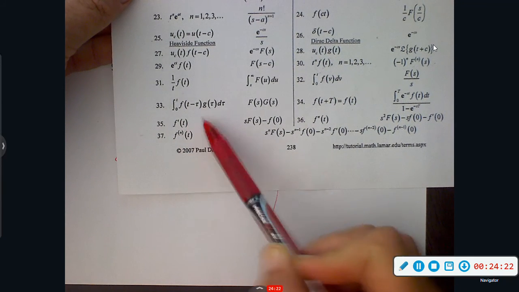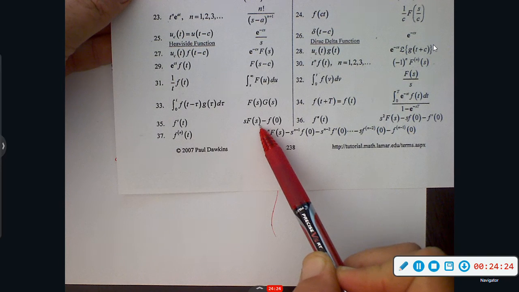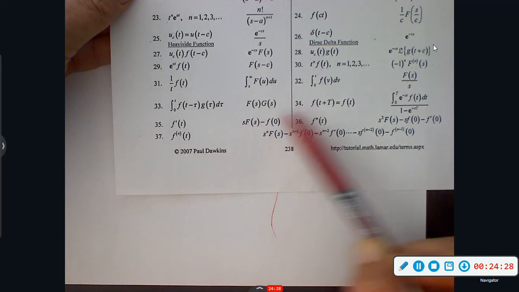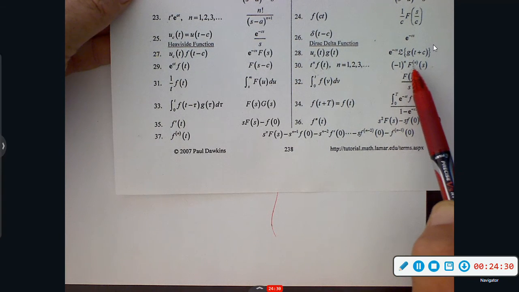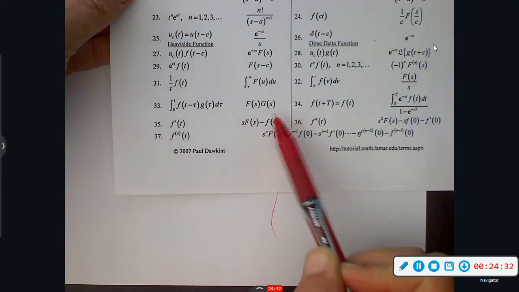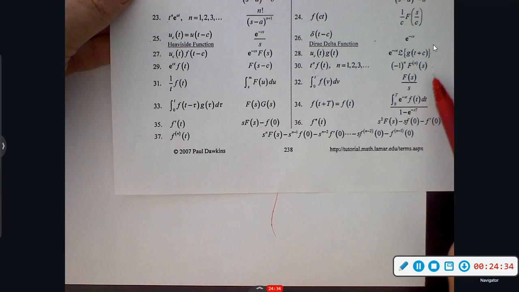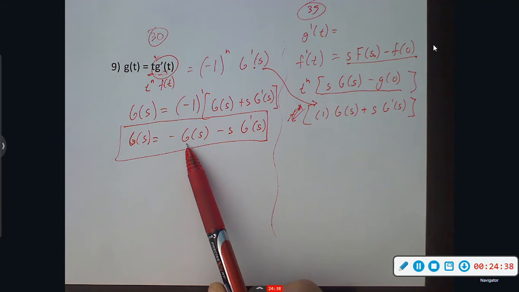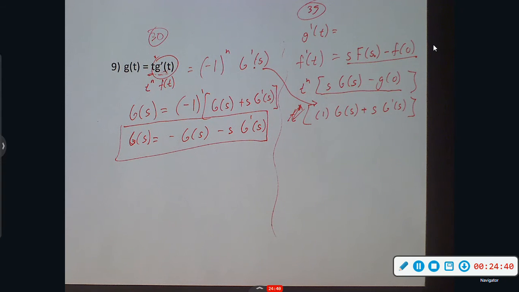The derivative is the Laplace transform this way, kind of like the product rule, right? So now we're going to take the derivative of this because it's the first derivative. So this gets put in as the first derivative. Take the derivative, and there we go. So hopefully that kind of makes sense.